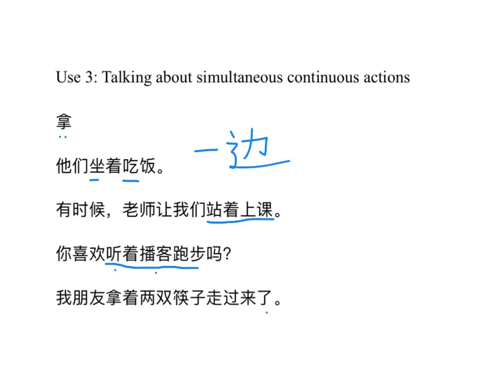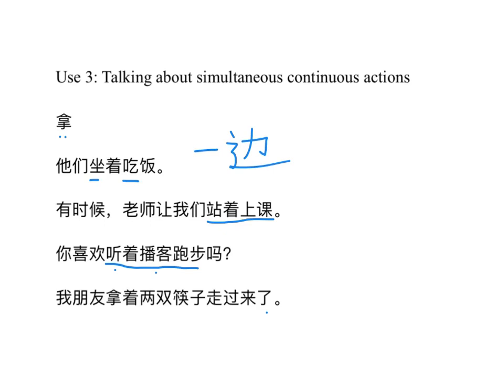Holding 2 pairs of chopsticks, my friend walked over. All of those things happened in the past, and yet we don't care because past doesn't matter. There's no tense in Chinese. What we care about is that 走过来 is a completed action, and that while that was happening, there was a continuous thing going on, and that continuous thing was 拿着2双筷子.